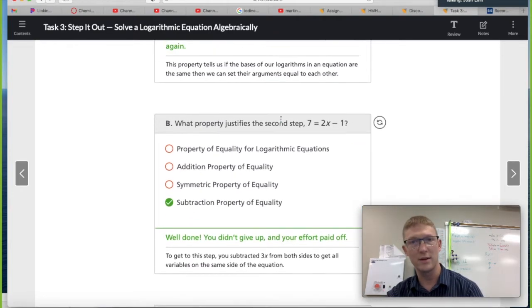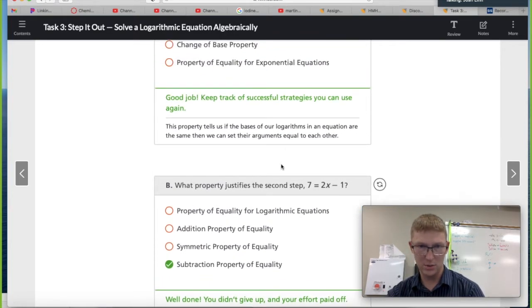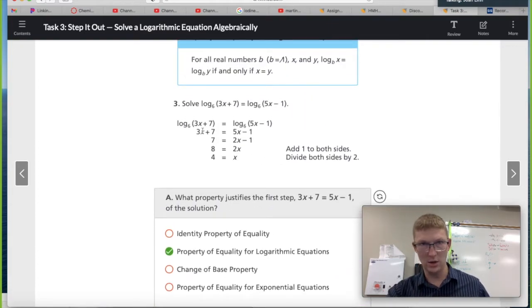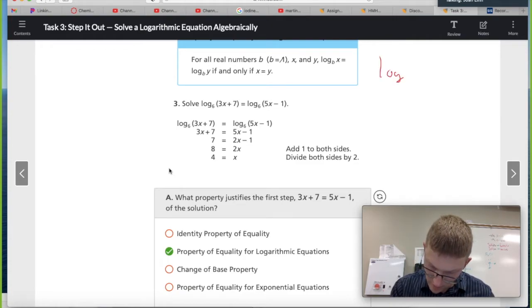Ooh, let's do that. So we got x equals 4. We can use our calculators, and you can plug in x equals 4. So we got 3 times 4, so 12 plus 7 is going to be log base 6 of 19.